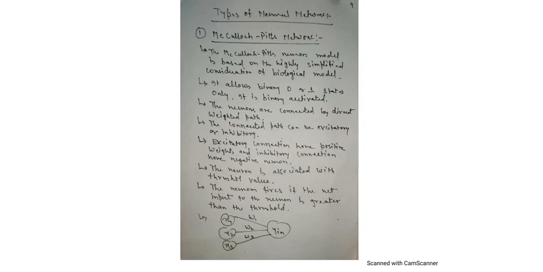The connected path can be excitatory or inhibitory, okay? Excitatory means there will be only one layer, that is from x1 to y, and inhibitory means there will be a middle level, a hidden layer, from x1 to z1 and z1 to y1.